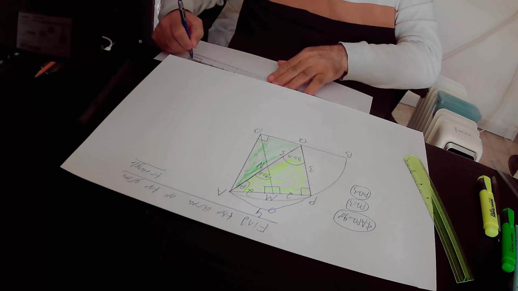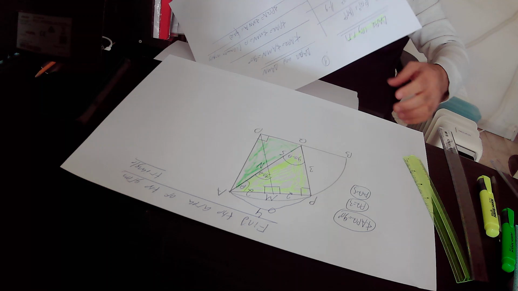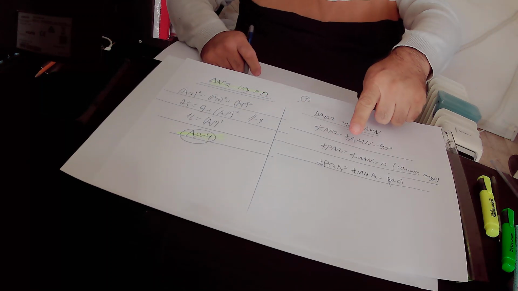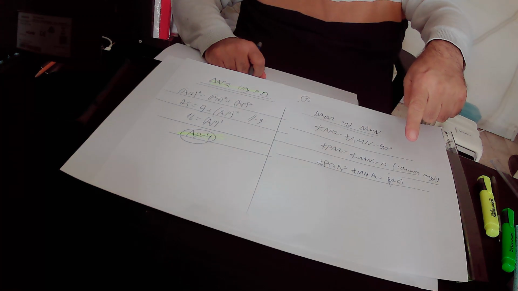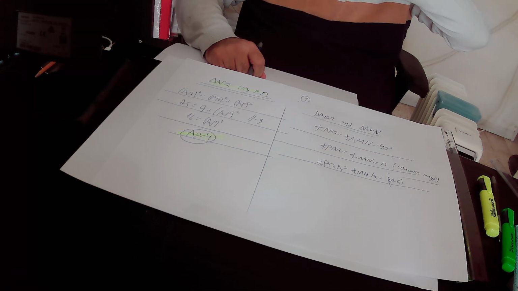Repeat again. Angle PQA equals angle MNA equals 90 degrees minus theta. Why? Because both of them equal 90 degrees minus theta.